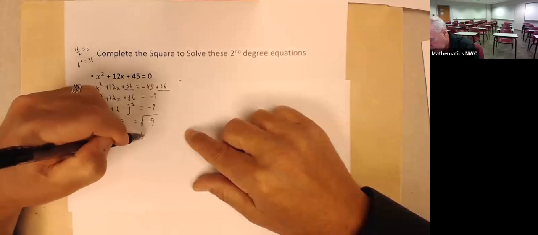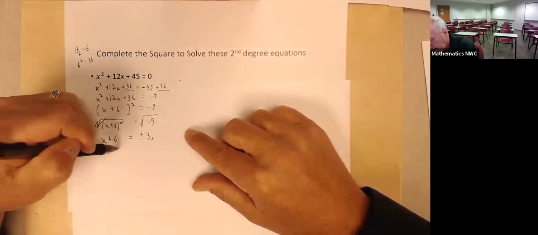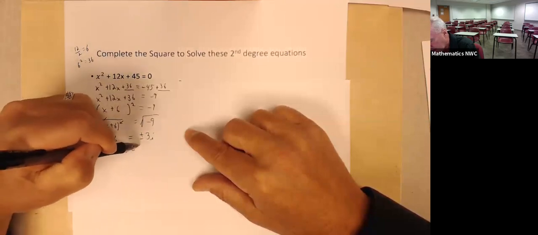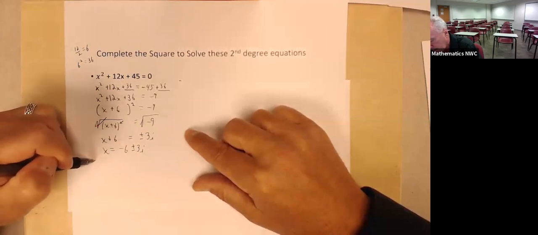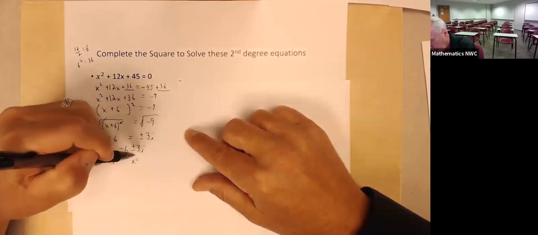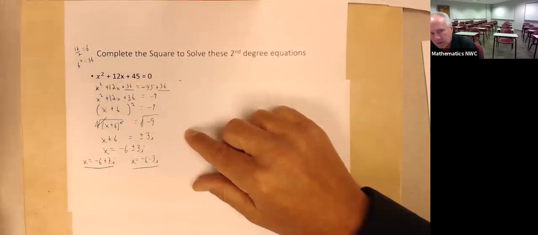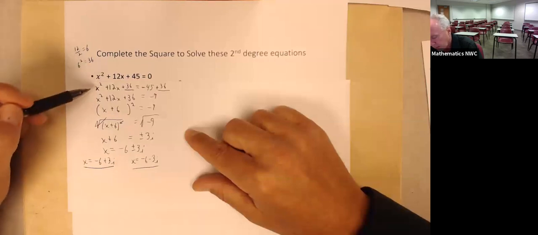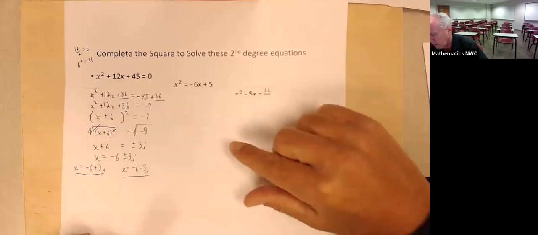This is going to be plus or minus 3i. When you simplify it, I get negative 6 plus or minus 3i. That's really two answers. x could be negative 6 plus 3i, and x could be negative 6 minus 3i. Those are my two answers. Right up here, that was the process of completing the square.